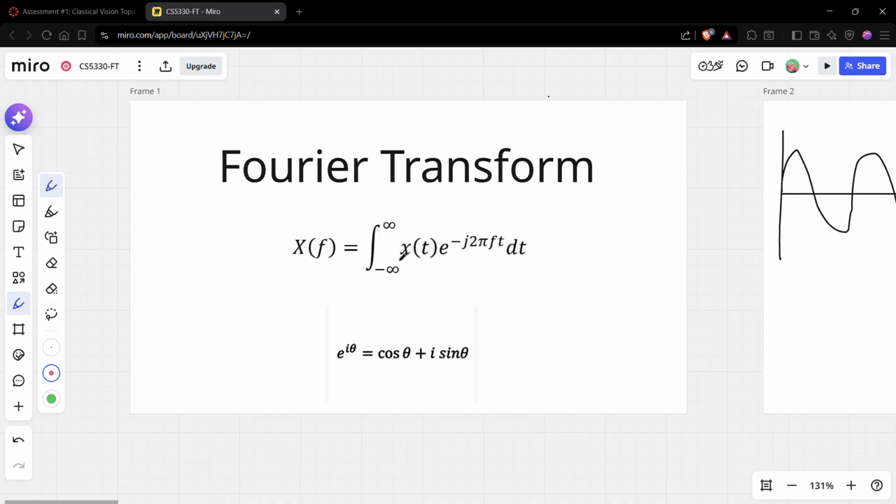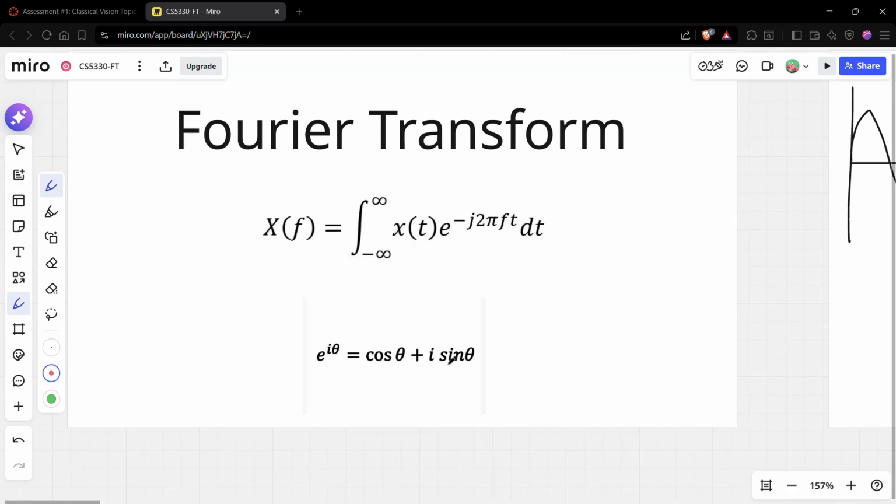And so you can see right here, the formula was the time function times an exponential function. This exponential function is nothing but Euler's theorem, which tells us right here that the exponential function is just a mixture of the cos and sine waves.